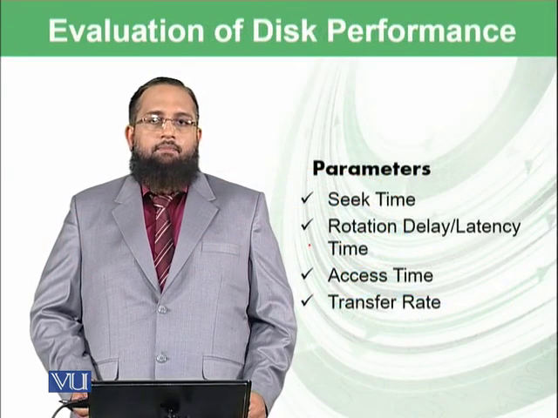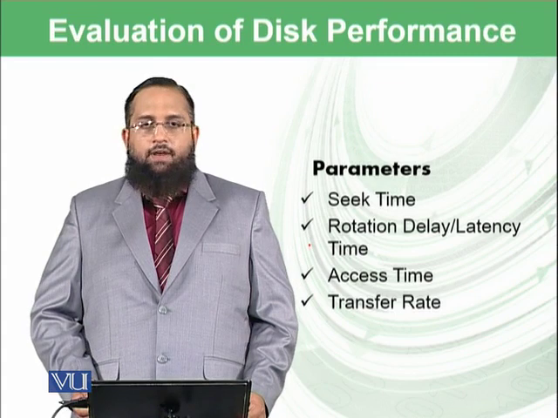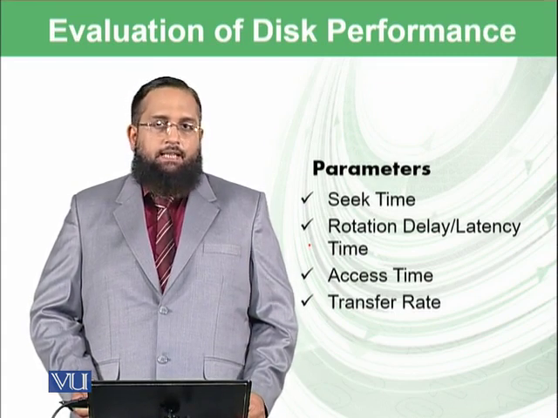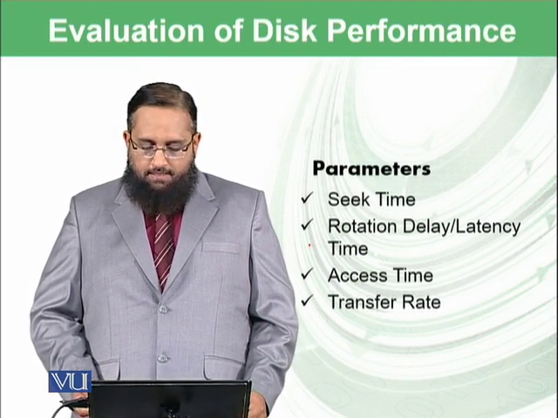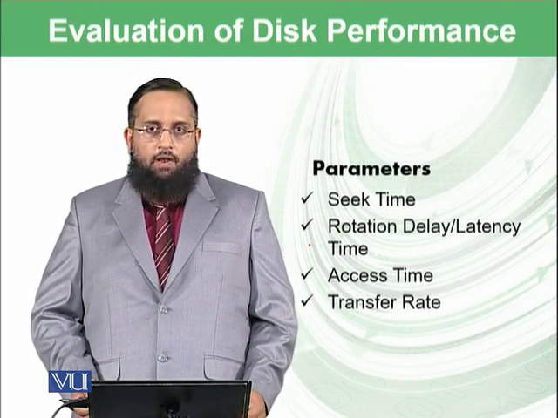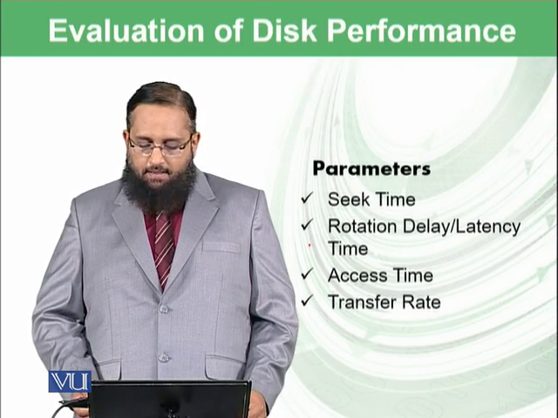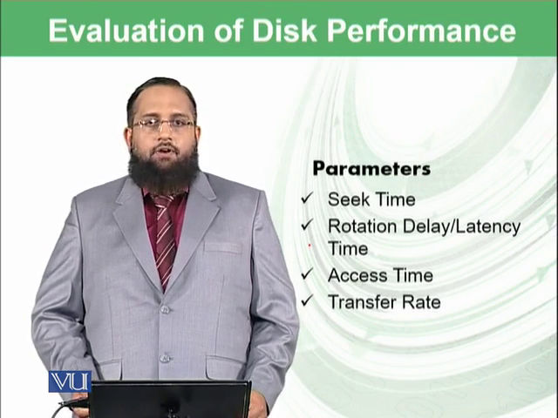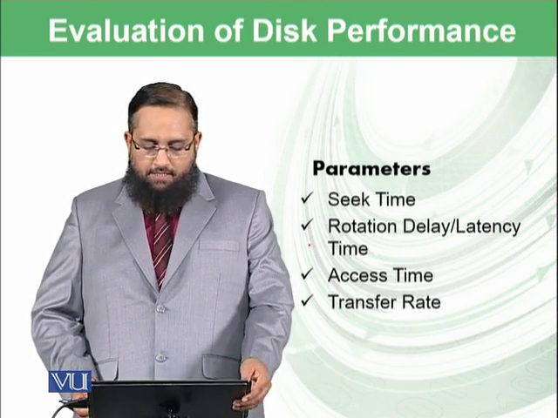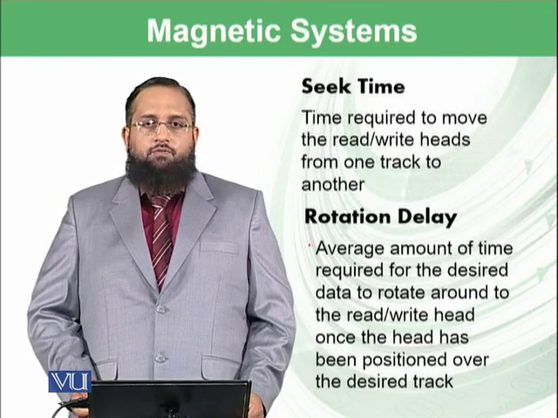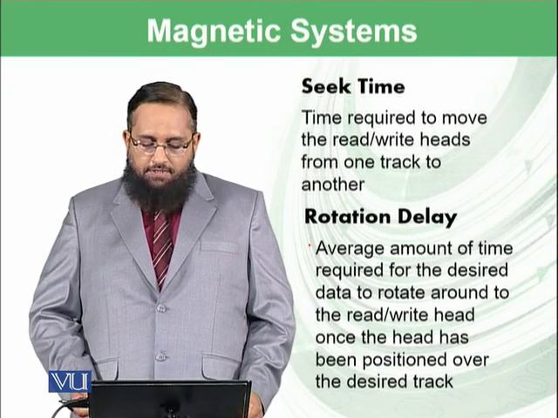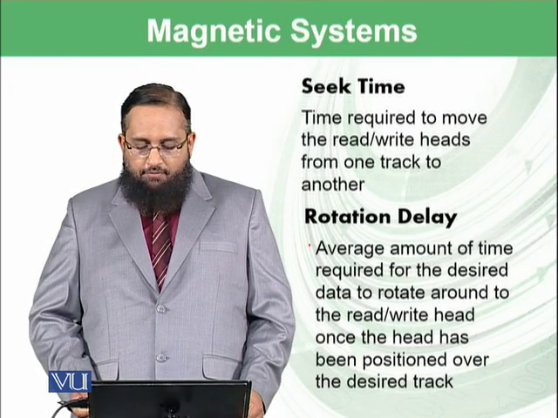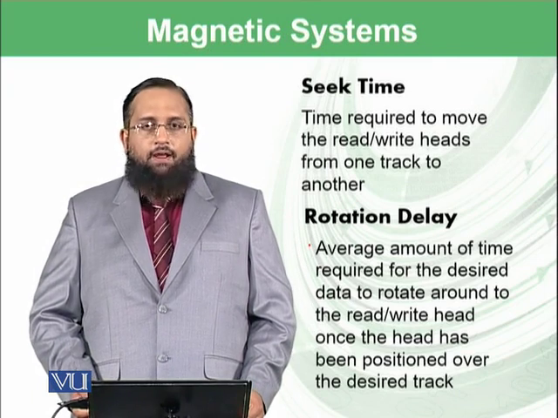Then there are different parameters to assess whether one disk is better or worse than another. These are different parameters to gauge the quality of a disk. For example, seek time, rotation delay, latency time, access time and transfer rate. So let's define each parameter. First of all is seek time. Seek time is defined as the time required to move the read-write heads from one track to another.